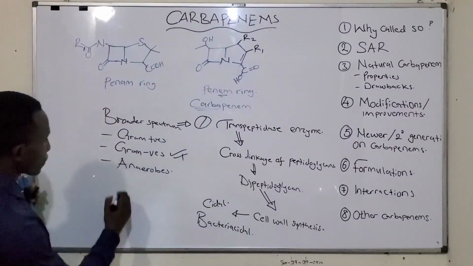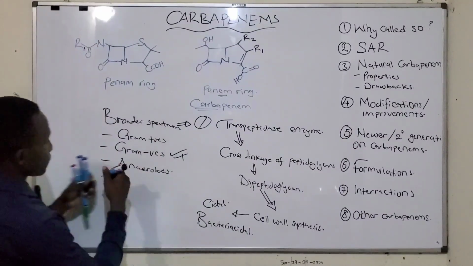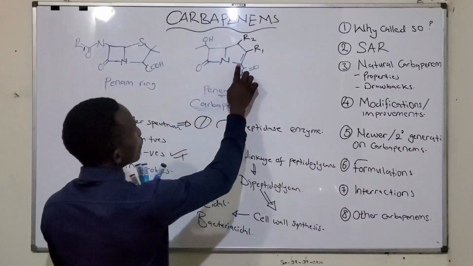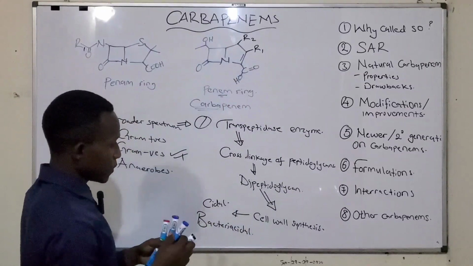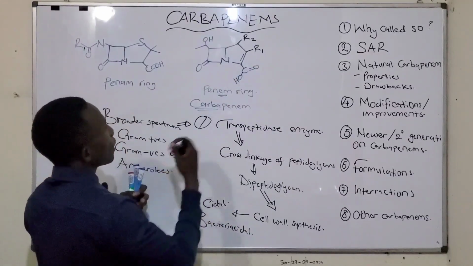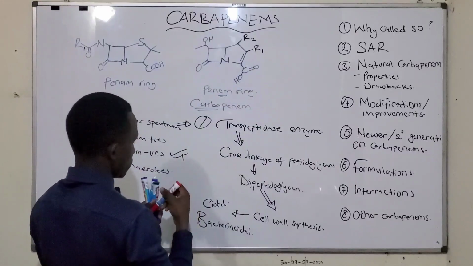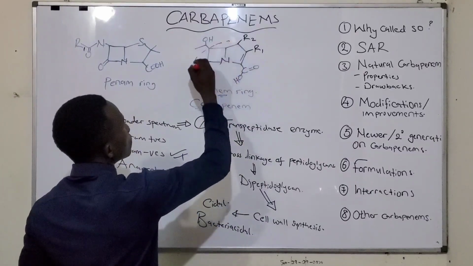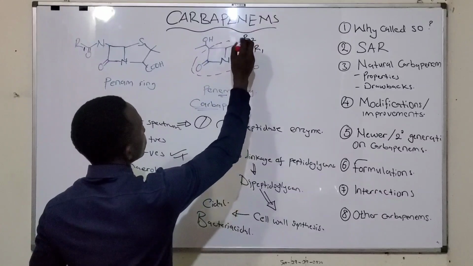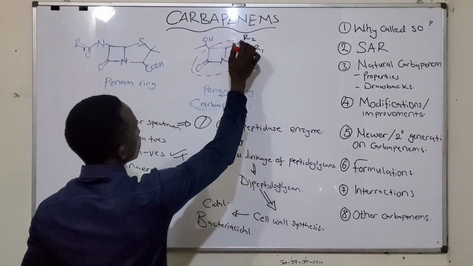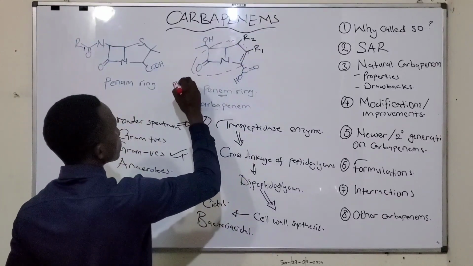For the SAR, we have this structure here, the general structure for carbapenem. This ring, the penem ring, is the pharmacophore.